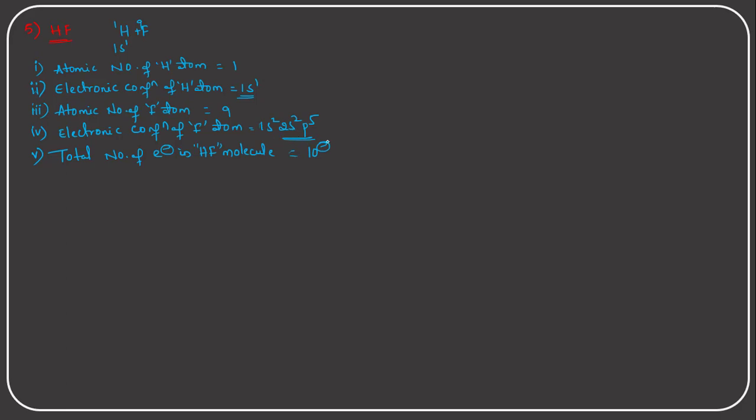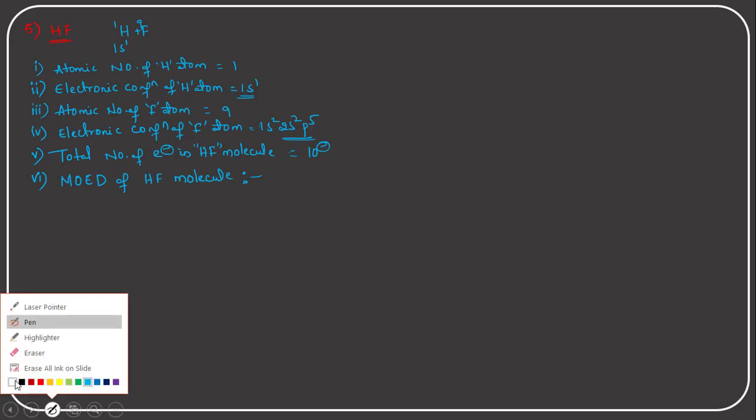And if we take only the outer electrons into consideration, 2 plus 5, 7 plus 1, 8 electrons are there. But I am taking all the electrons into consideration. And the next one, the sixth point, is the molecular orbital energy level diagram of HF molecule, the hydrofluoric acid molecule. I'm changing the color.